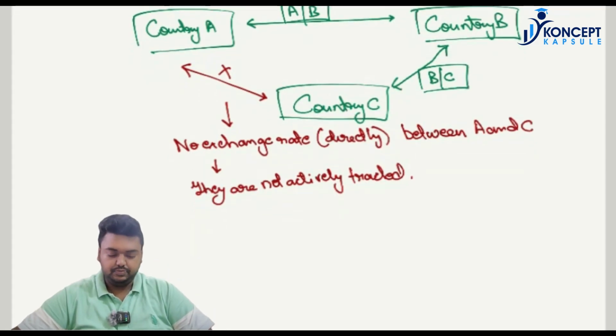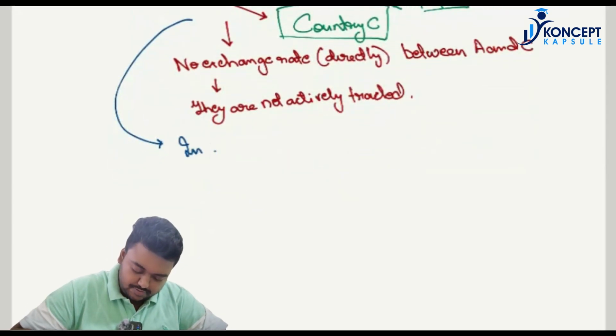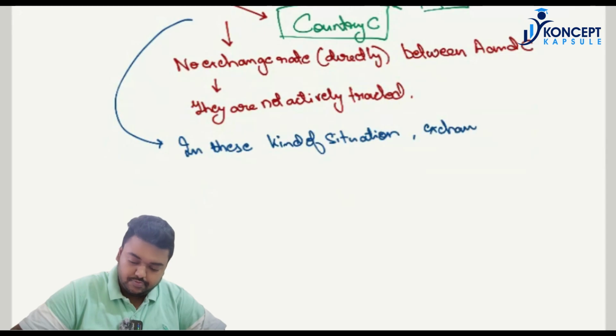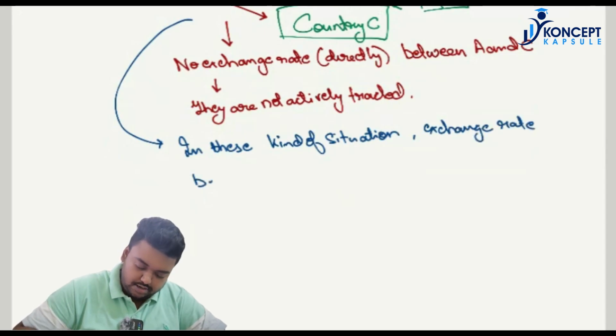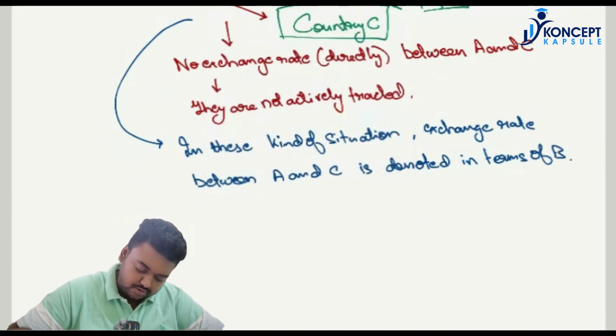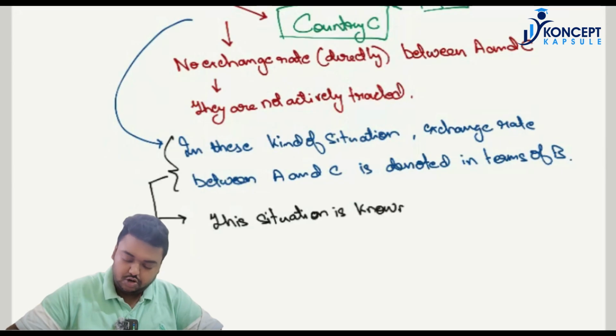When this type of situation exists, the exchange rate between A and C is denoted in terms of B. This situation, or this concept, is known as cross rate.